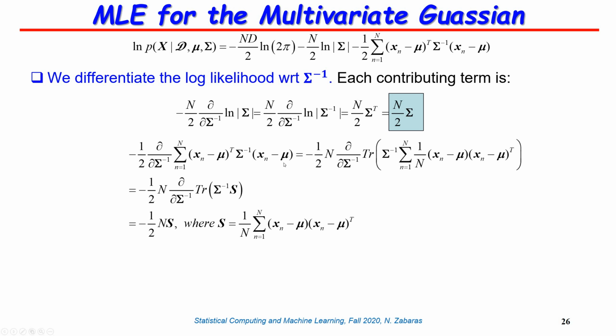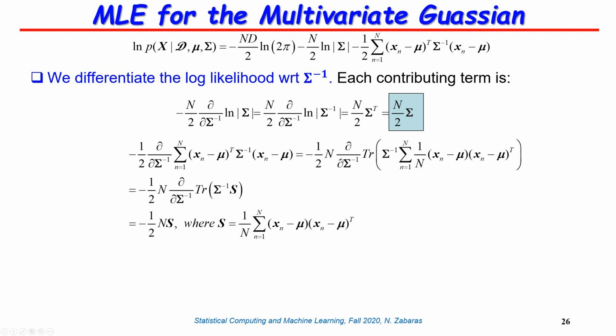Then I'm going to use a fundamental formula that says the trace of A times B is the trace of B times A. So if you take this to be A and sigma inverse times x minus mu to be B, I can write it as the trace of sigma inverse times xn minus mu times xn minus mu transpose. Effectively I put the x minus mu transpose on the other side, and because sigma inverse doesn't depend on the summation on little n, I can move it outside the summation.